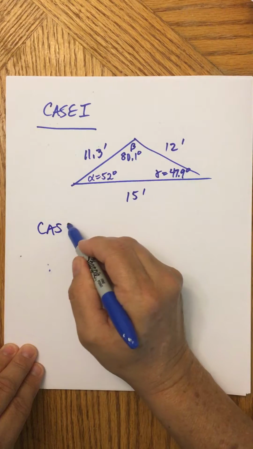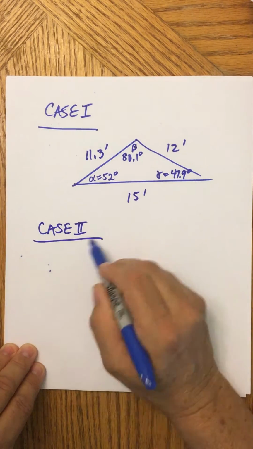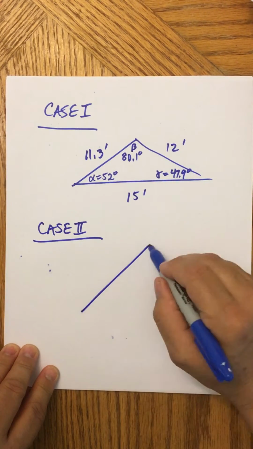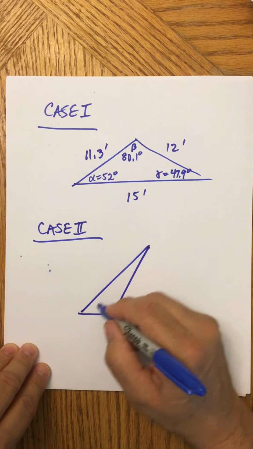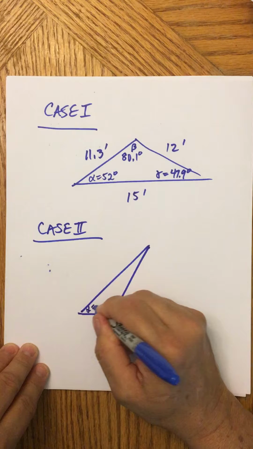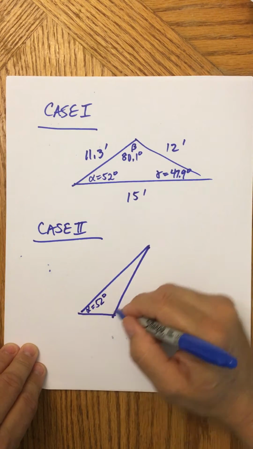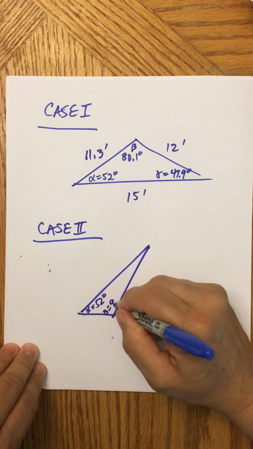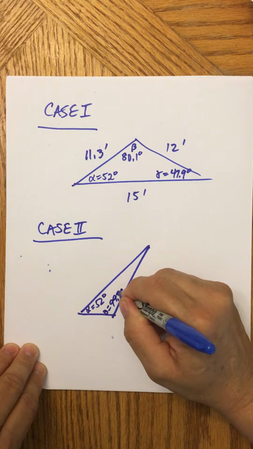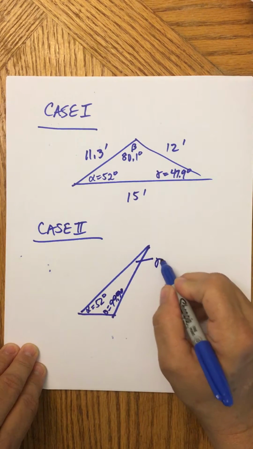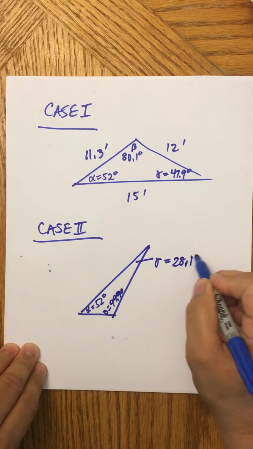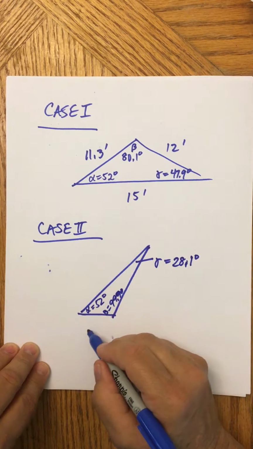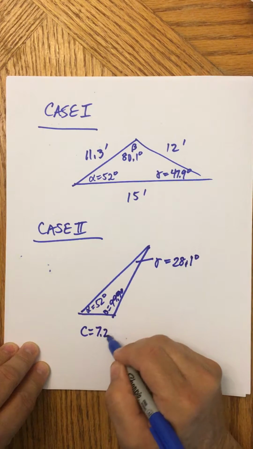Versus case 2, and I'll show you those calculations again, but you have something more like this, where you have alpha is 52 degrees, beta is 99.9 degrees, and here you have gamma is 28.1 degrees. It's a small angle.